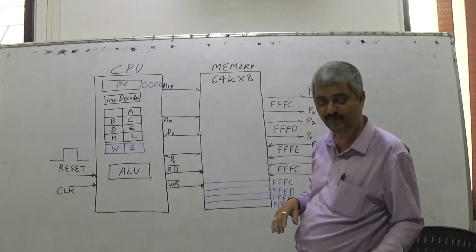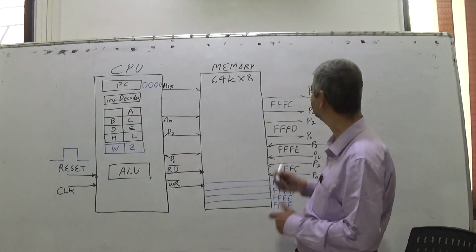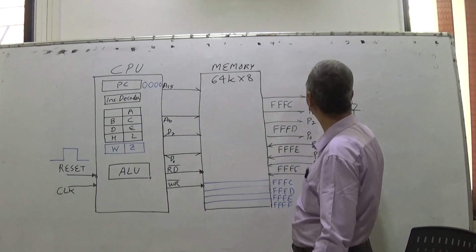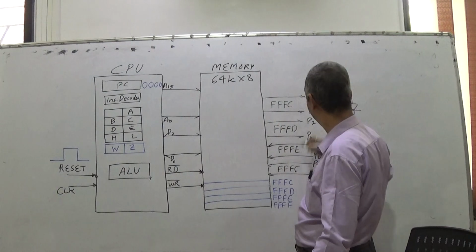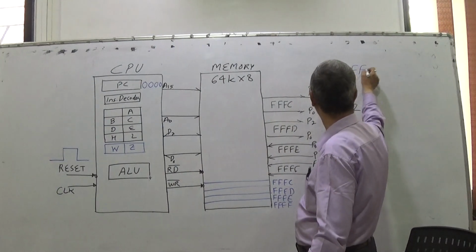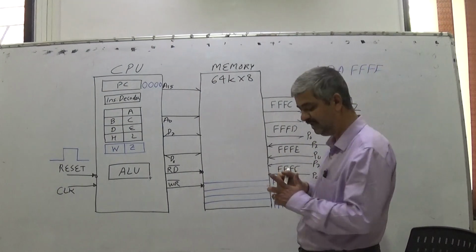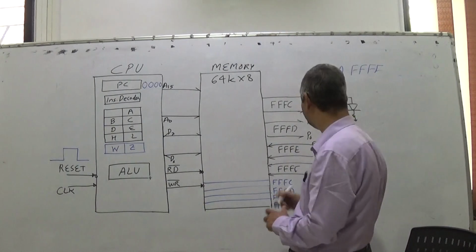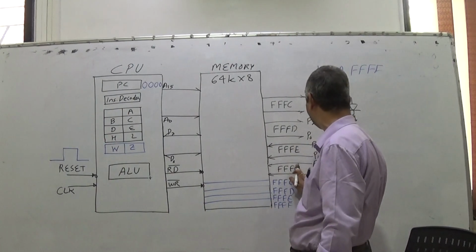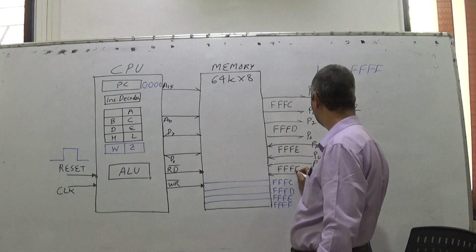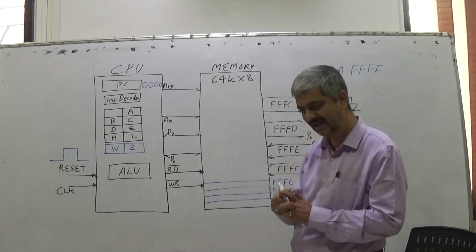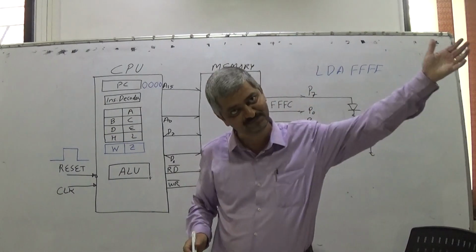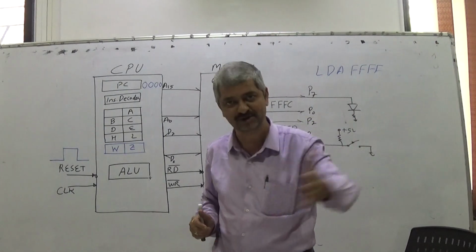So when the microprocessor performs the instruction LDA FFFF, whatever I put, I can put using some switches. That data can come from some sensors on a conveyor belt.